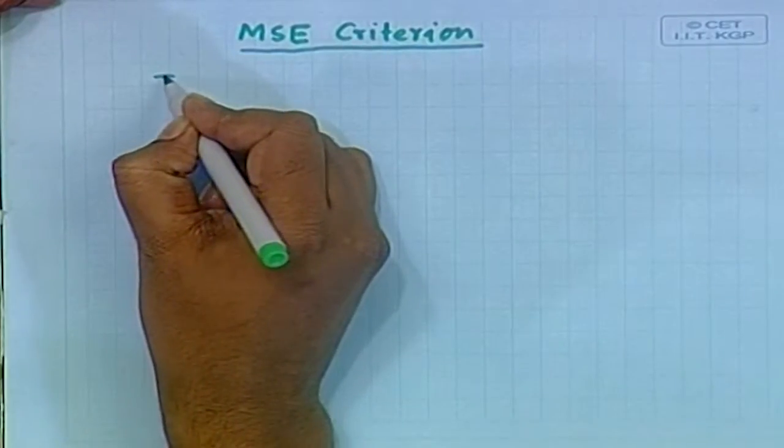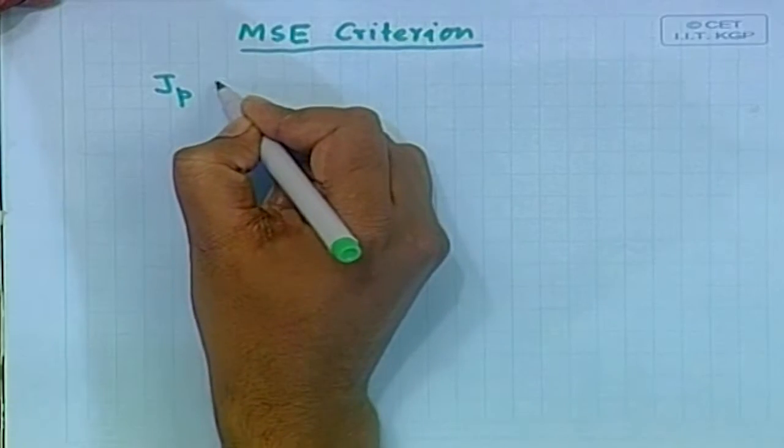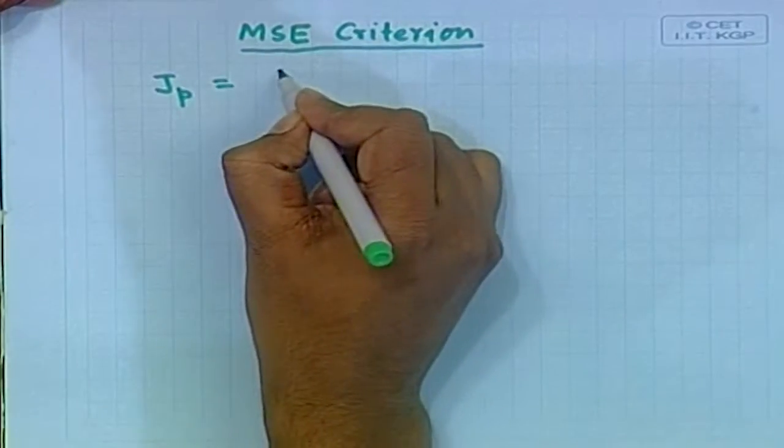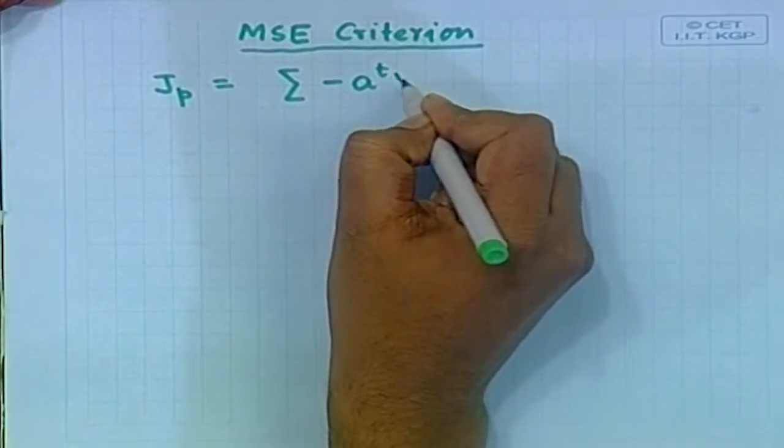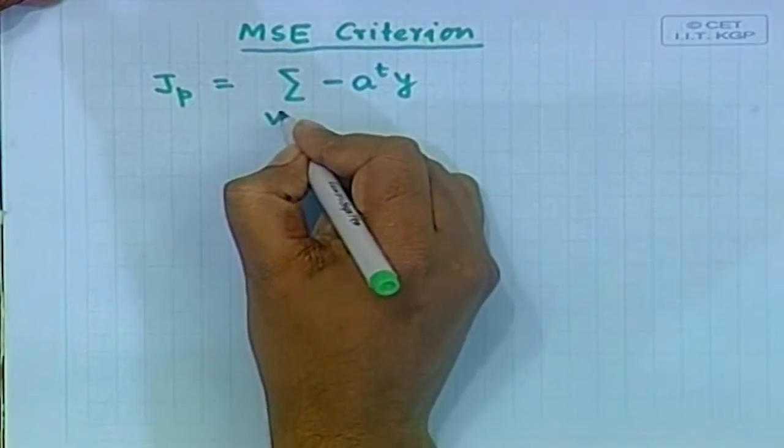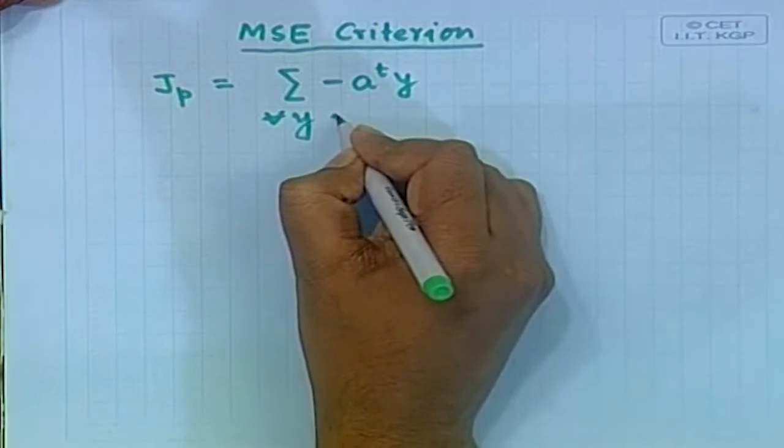Then we talked about the relaxation criteria, and the last one was the minimum squared error criteria. In the perceptron criteria, you define a criteria function Jp, which is nothing but minus A transpose y for all y which are misclassified.